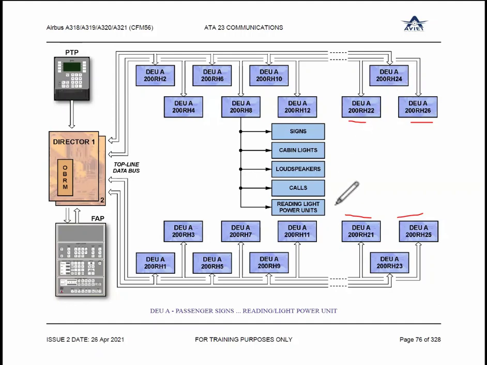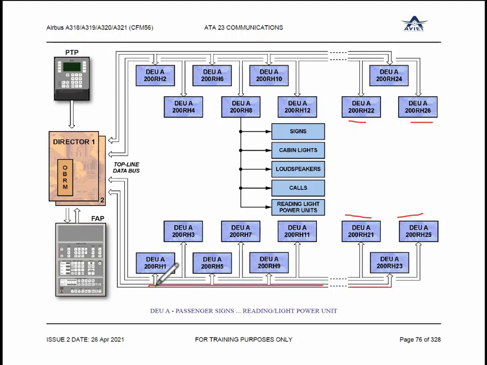The decoder encoder unit A, they are connected with the two lines, two on the left hand side and two on the right hand side. And the interface arrangement is such that, if you just go through it for understanding purpose, on one line, each side alternate numbers are connected.